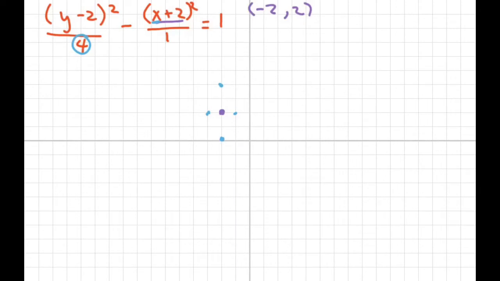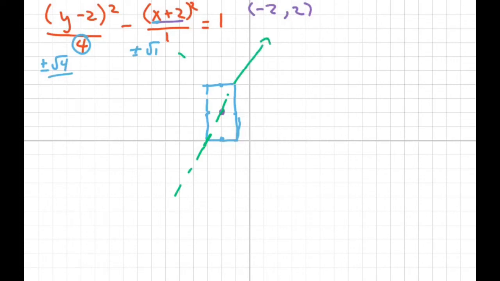And basically, when you take the square root of 4, you do plus and minus square root of 4, plus and minus square root of 1. So that's left and right, and this one's up and down. So I'm going to draw a little box here, and draw my asymptote lines through the center and the corner of the rectangle I just drew.